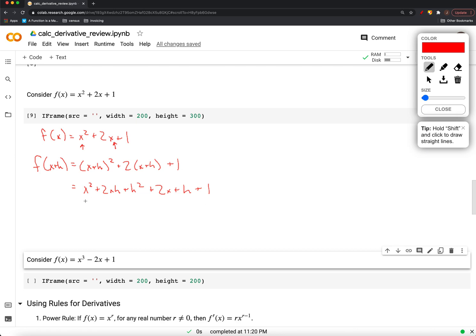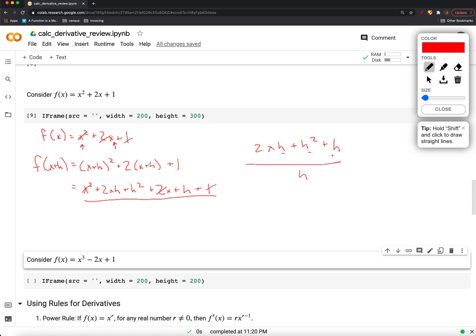And now that we have f of x plus h and f of x, we can use our definition. It's f of x plus h minus f of x. And we can already see that we're going to have x squared minus x squared. This will cancel with this. Our 2x's will cancel out. Our 1's will cancel out. And we'll just be left with 2xh plus h squared plus h all over h.